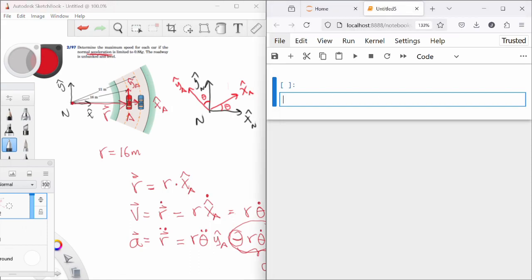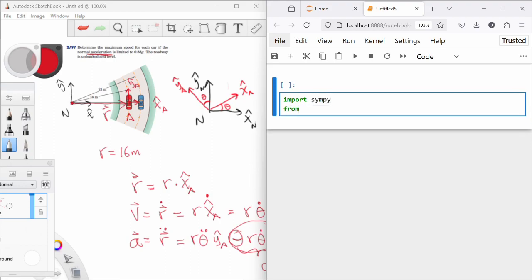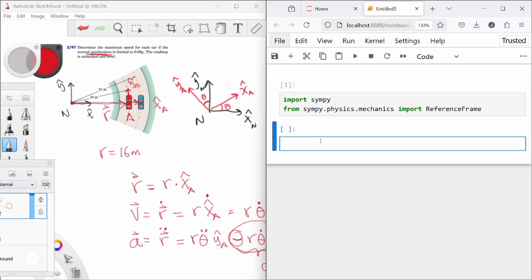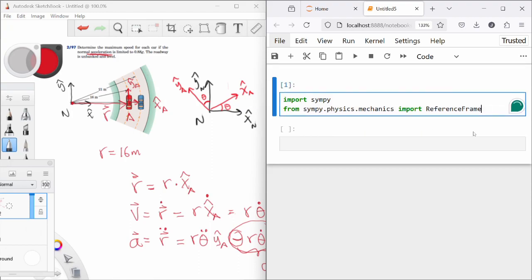Let's start by importing the libraries. And now let's do the definition of our variables first.